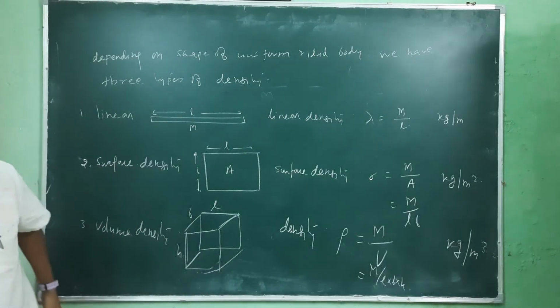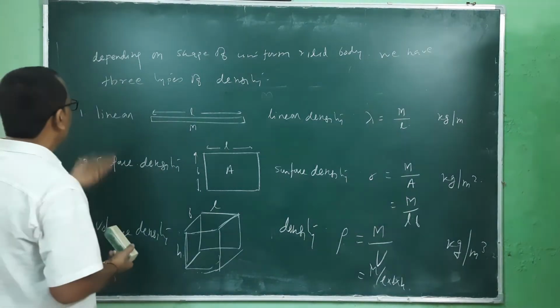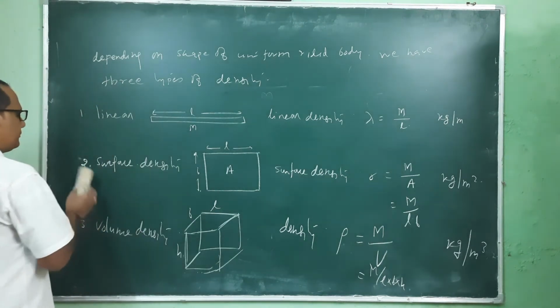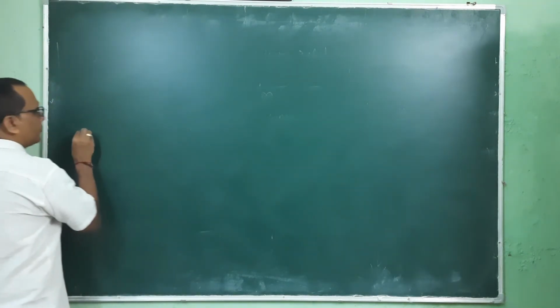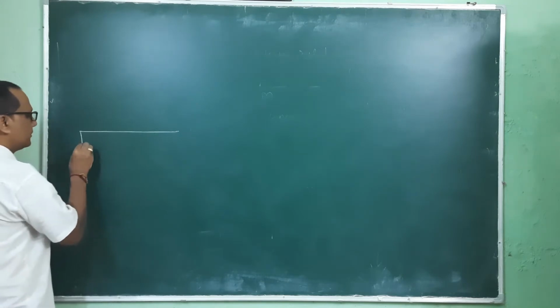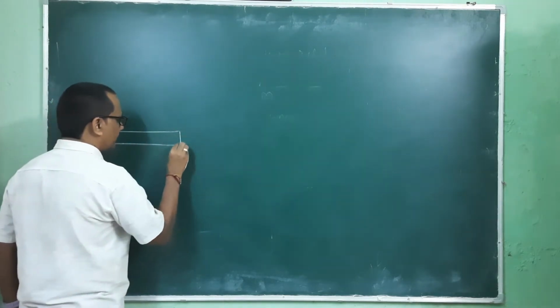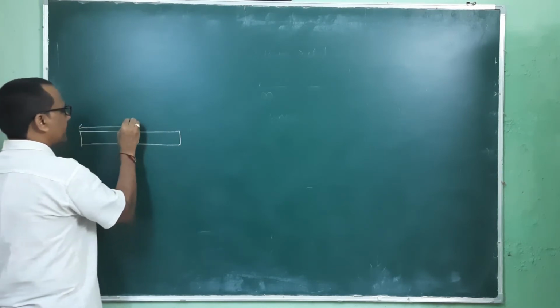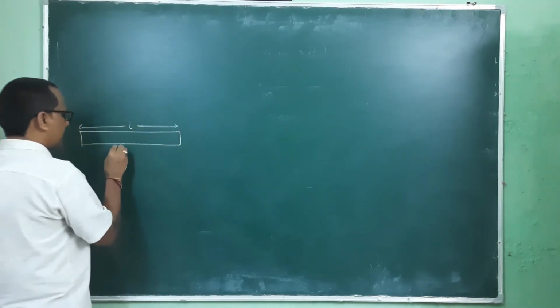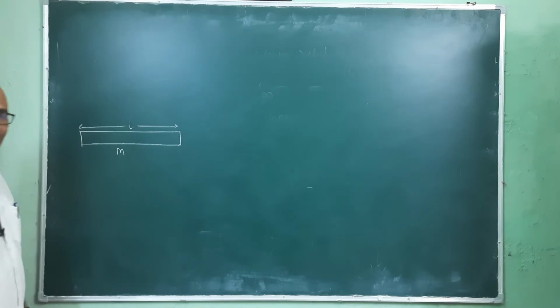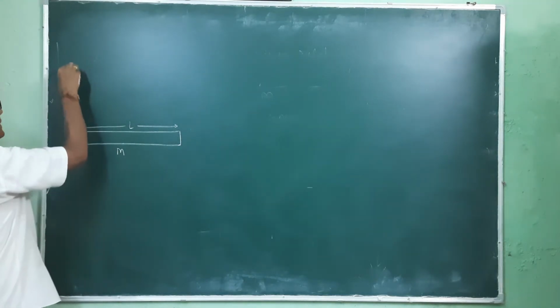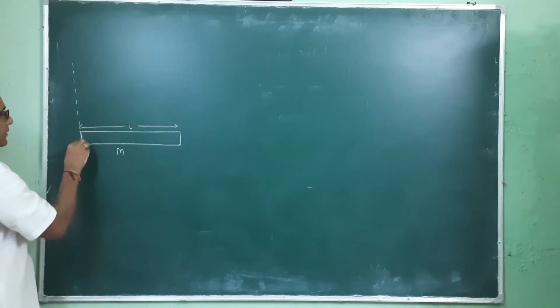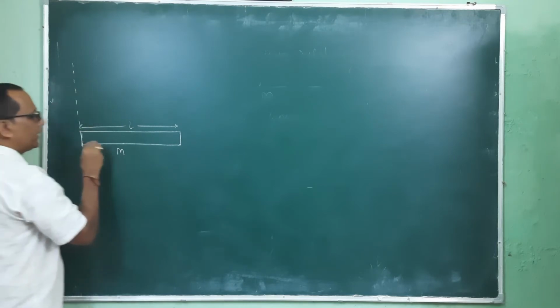Okay, so now let us start from one linear system. So this is a rod of mass m, and length is given as capital L, and mass is given as capital M. And for the sake of simple calculation, let us pick this in a coordinate system.